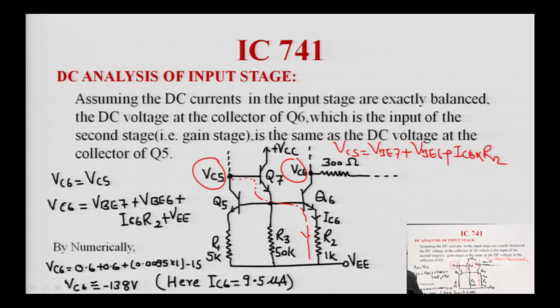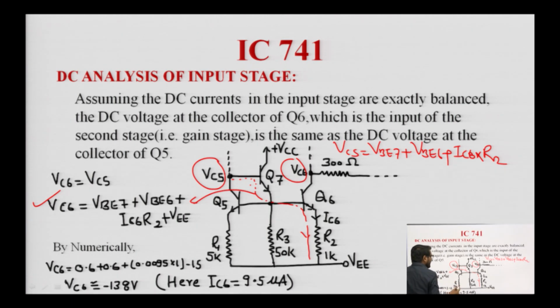For this equation, we follow this path. We apply the KVL for this path. So, we get VC5 equal to VBE7 plus VBE6 plus IC6 into R2.